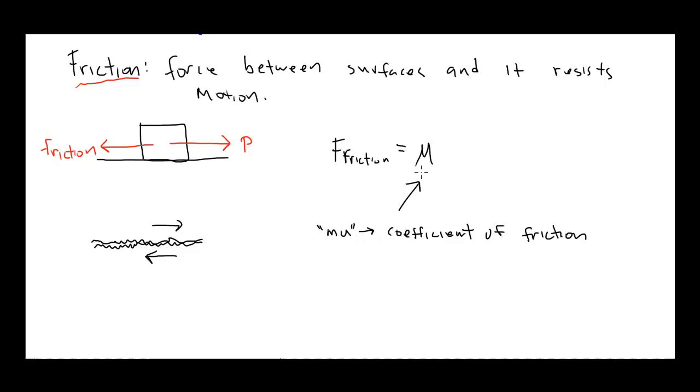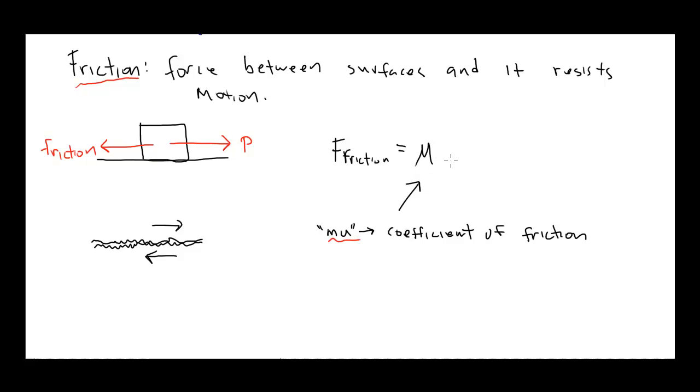Now this is a constant. How do you know what it is? Well, you look it up. You can find online or in a textbook appendix the mu values for any two surfaces. If it was sandpaper on wood, that would be a mu value. You could look up the mu value for steel on wood, sandpaper on glass, ice on steel, whatever, and they're going to vary.